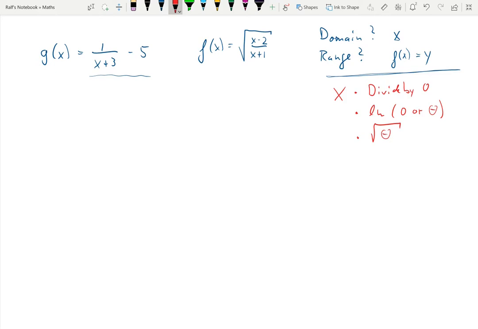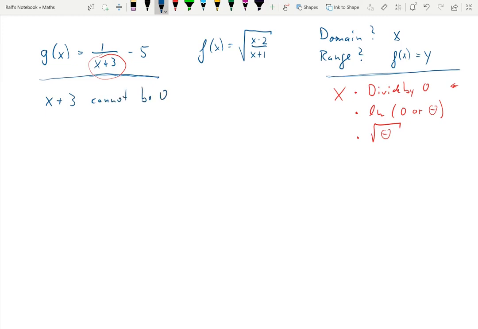So let's start with g, with our g function. The danger here in terms of the domain is this term here, because that potentially would ask for a division by 0. So we have to be careful, because x plus 3 cannot be 0.